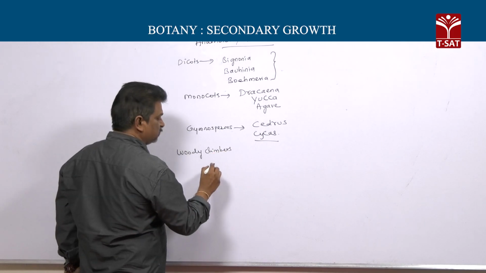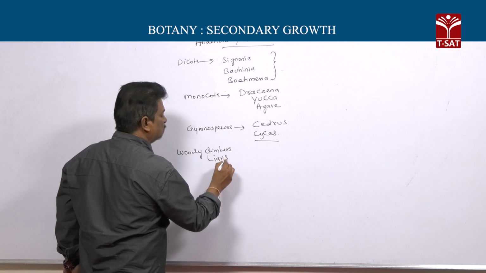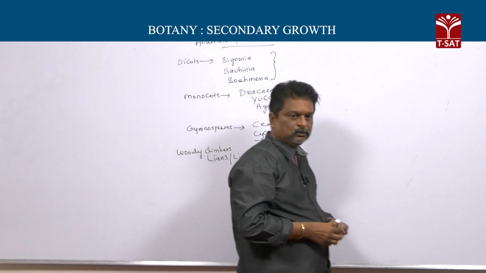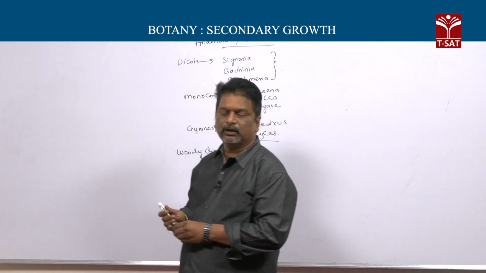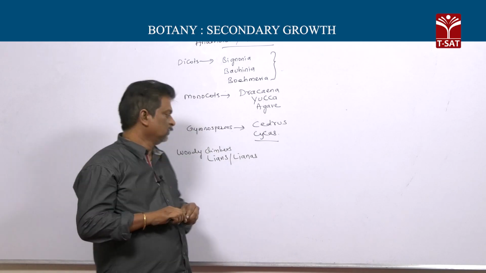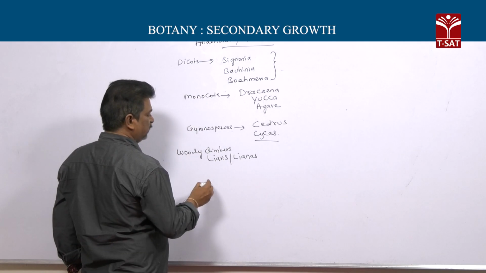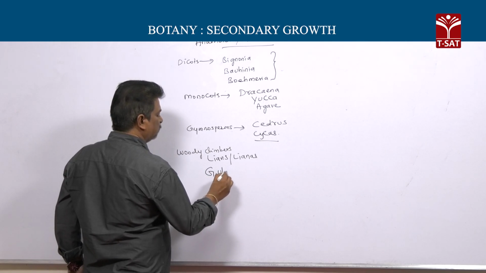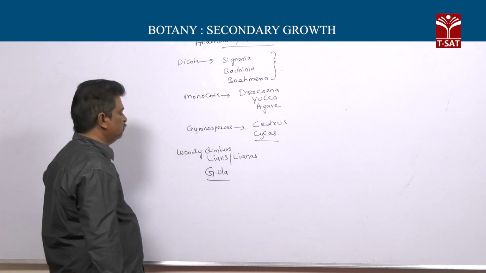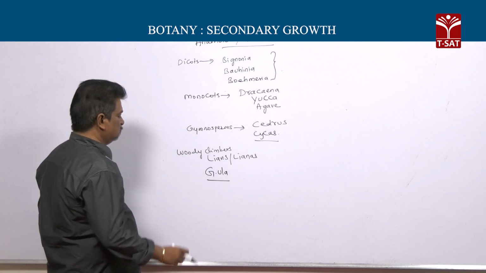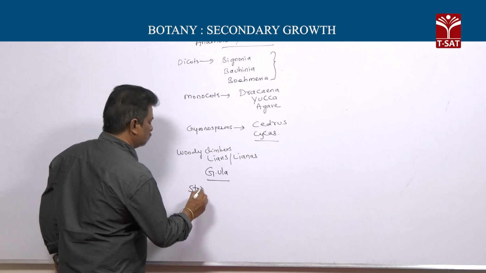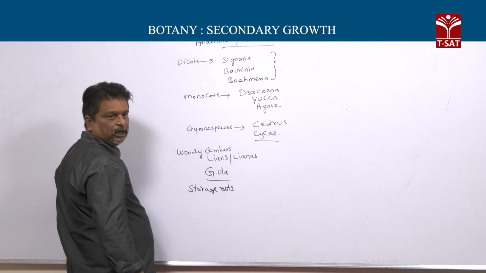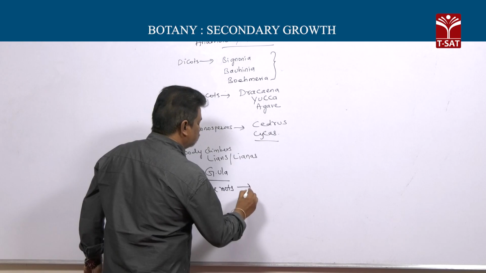These woody climbers are called lianas. Lianas. Examples for these lianas include a gymnosperm. Even some storage roots show abnormal or anomalous secondary growth.